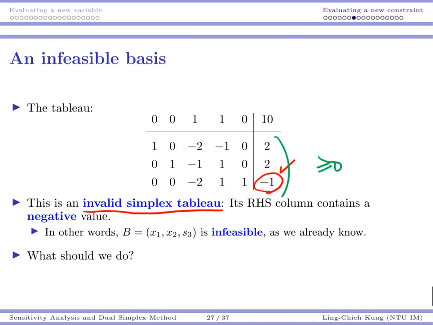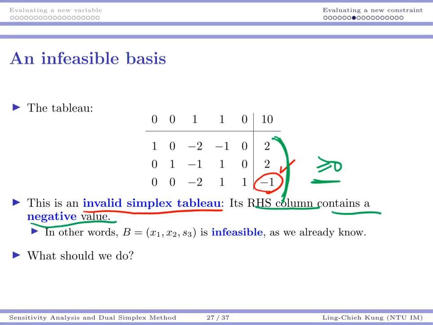And then you move to the next corner point, next basic feasible solution, next extreme point, and so on. As long as it is a basic feasible solution, all its right-hand side must remain non-negative. And actually, we know the whole idea of pivoting, of the ratio test, is to make sure that all your right-hand side remains non-negative. So it's impossible for us to see a right-hand side column contain a negative value.